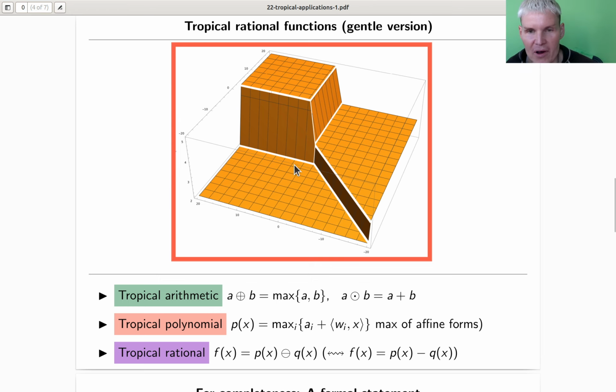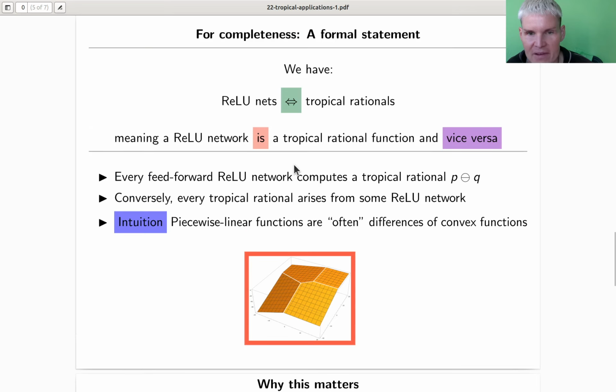Here's an example of how these look. And then the main theorem is, for ReLU networks, these are the piecewise linear ones, these are essentially all you need. ReLU networks are the same as tropical rationals. There's a one-to-one correspondence between tropical rational functions, wow, that's a complicated name, and ReLU networks, right?